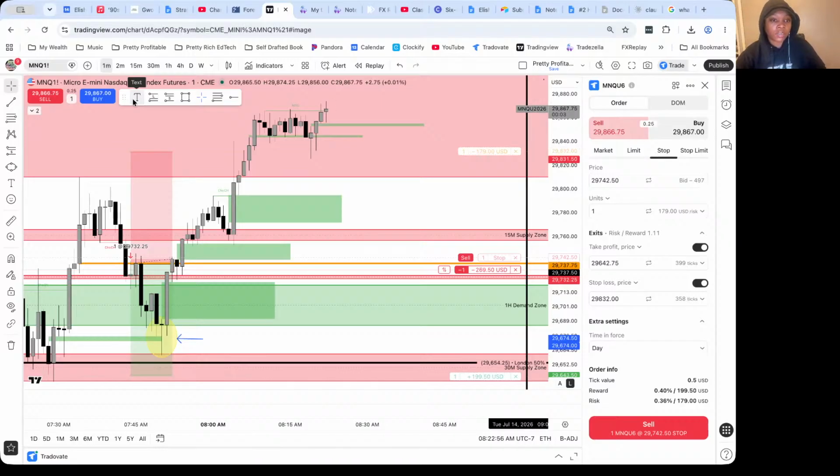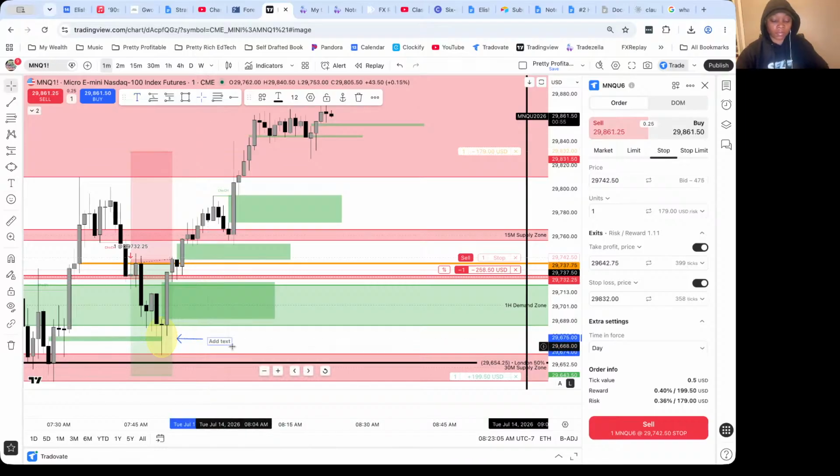That's crazy. I didn't notice this rejection candle. I should have got out right when I noticed this rejection candle.